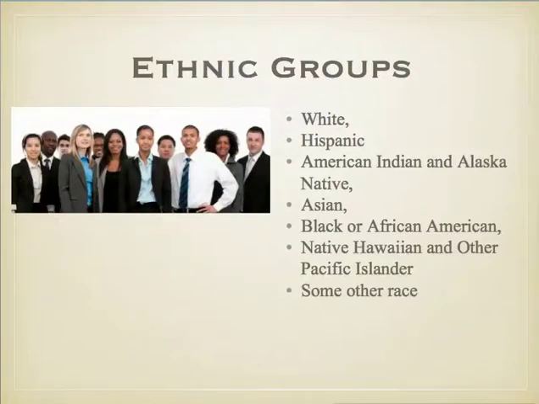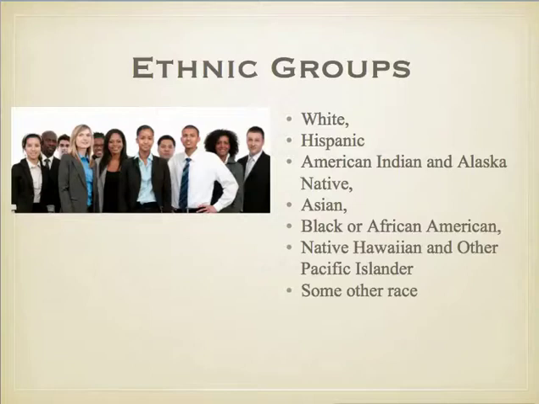We have some very specific ways of identifying ethnic groups, and you should be aware of those. The Department of Education identifies 6 different kinds of ethnic groups that you will see on most surveys. We certainly use those at Fresno Pacific.